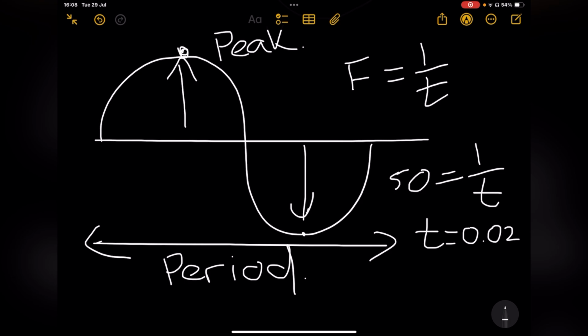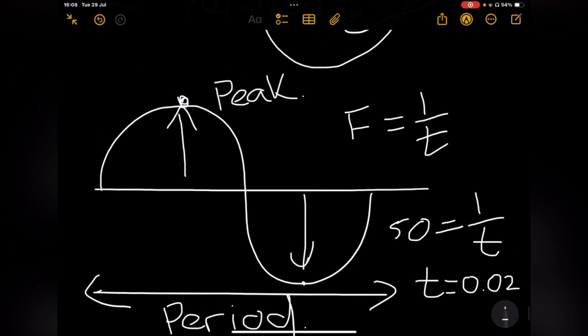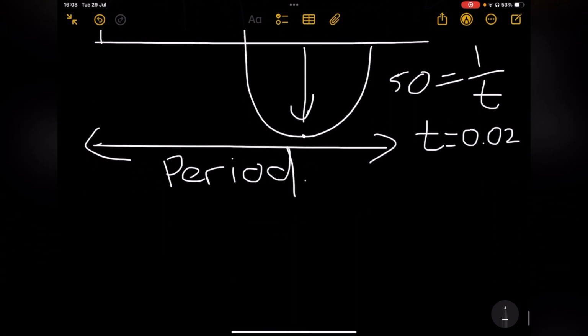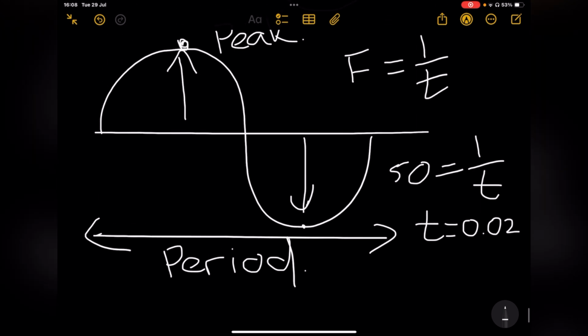Another key concept to understand is that we don't measure voltage in peak. We measure it in RMS. This is very important. So what is RMS? RMS is basically the DC equivalent value that will create the same heating effect. Because if you look at it, it basically goes up and down. So over a period, your net would be 0 if you integrate this.